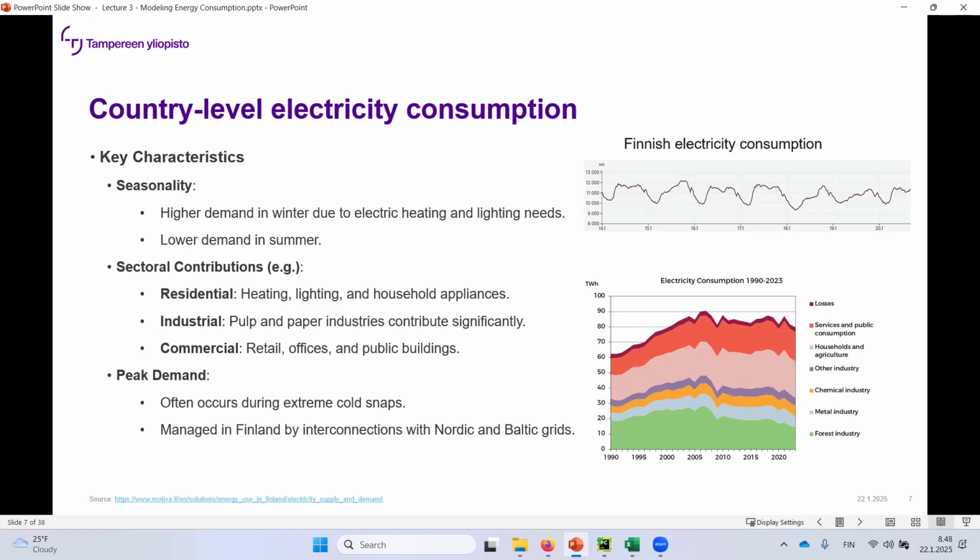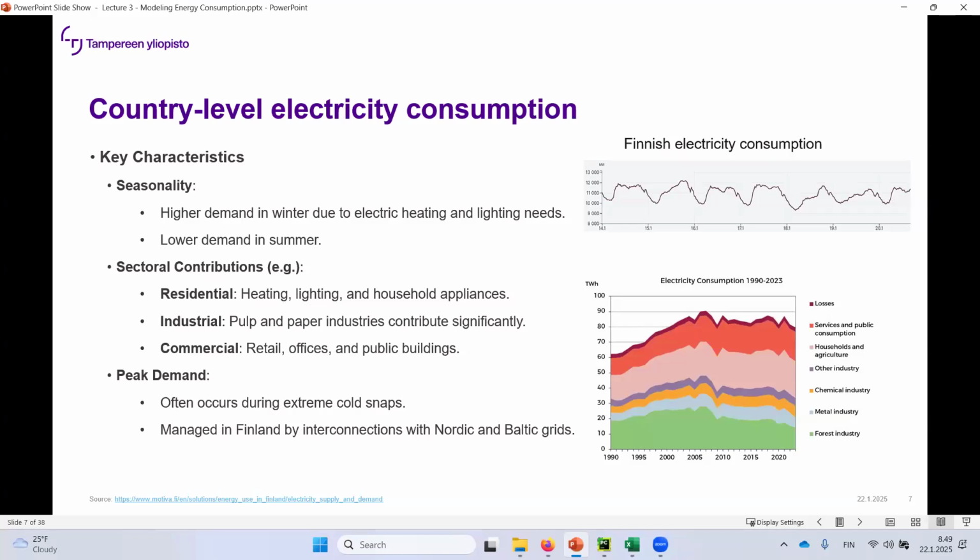And peak demand often occurs when there's really cold weather, and it's managed in Finland by these connections with Nordic and Baltic grids. So that's our savior. And actually, there is one master's thesis going on at the moment that is tackling this problem of having some kind of a deficiency in energy production.